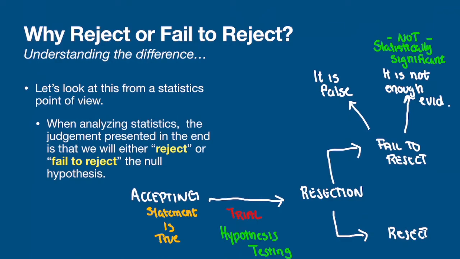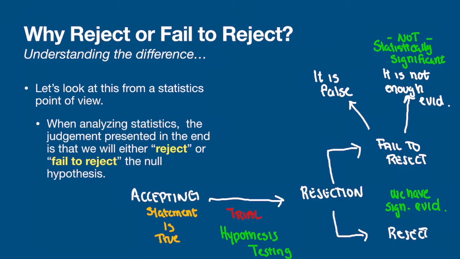Now, the other end of this is that as we go through that process again, we can reject something. And if we reject something, it usually means we do have significant evidence to reject a statement as being true. So I hope that this concept helps us think through this a little bit more practically.